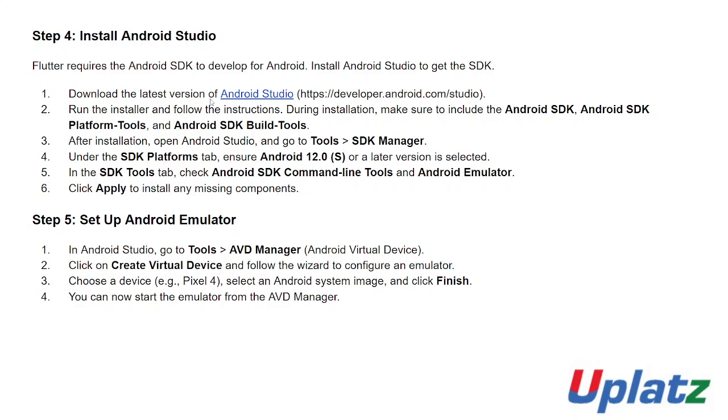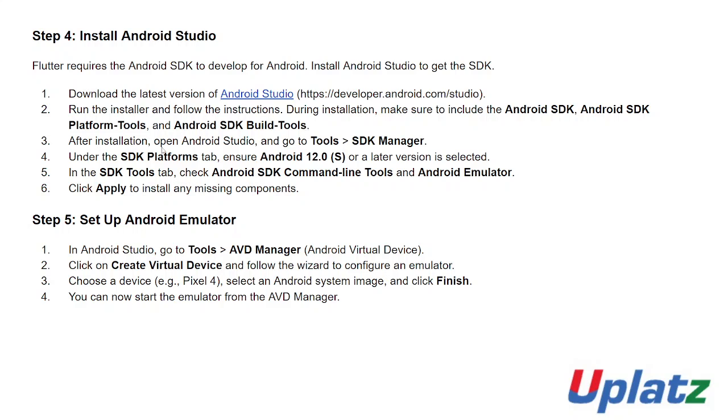Download the latest version of Android Studio from https://developer.android.com/studio. Run the installer and follow the instructions. During installation, make sure to include Android SDK, Android SDK platform tools, and Android SDK build tools.